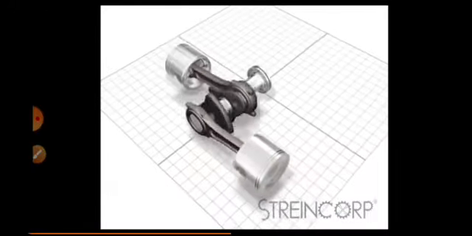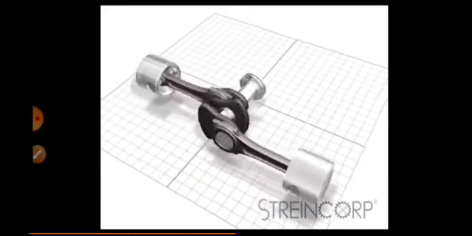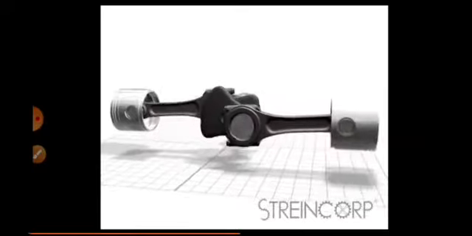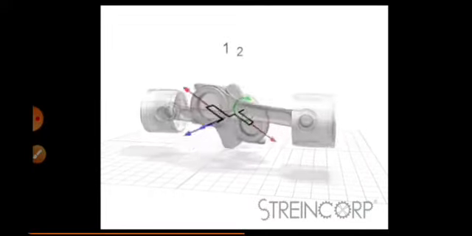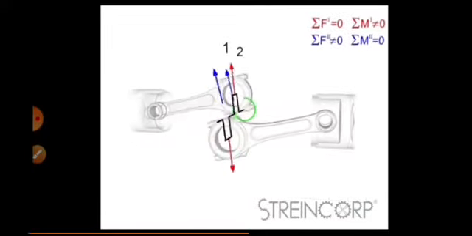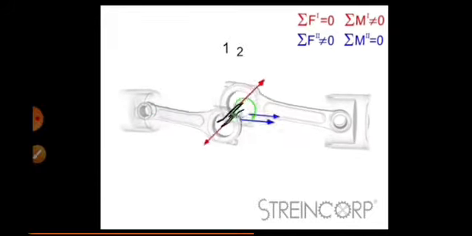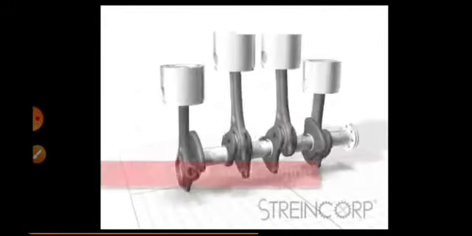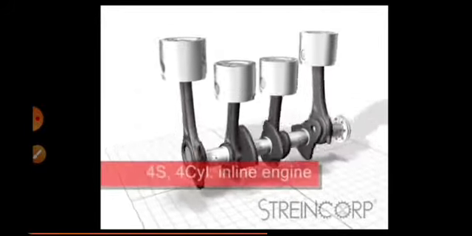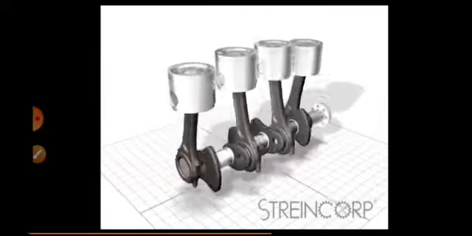And another is the 4-stroke 2-cylinder boxer engine. In red and blue, sum of force is equal to 0 and mass is not equal to 0, and force is not equal to 0 and mass is equal to 0.